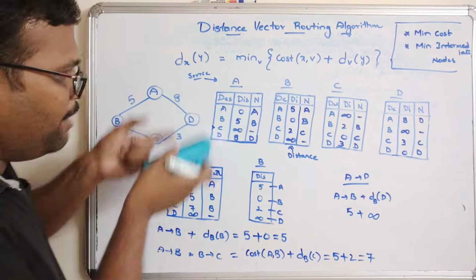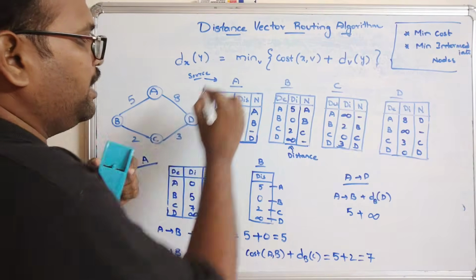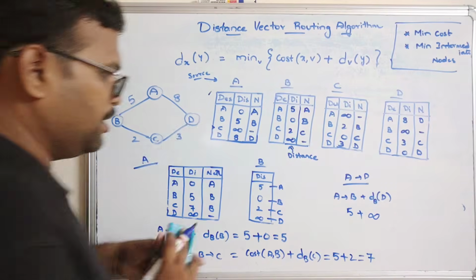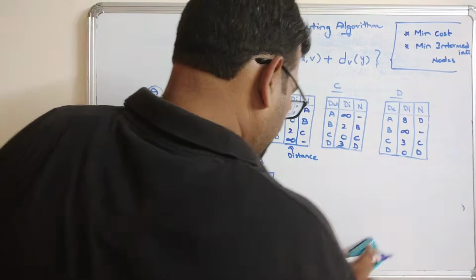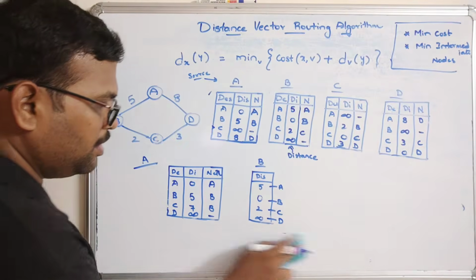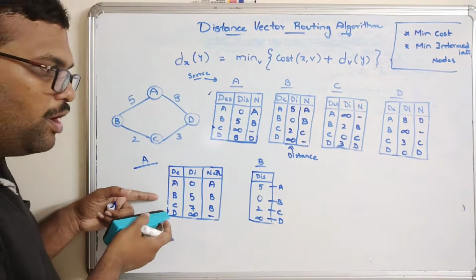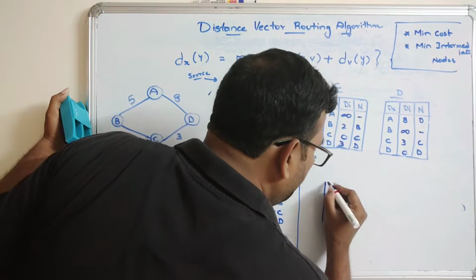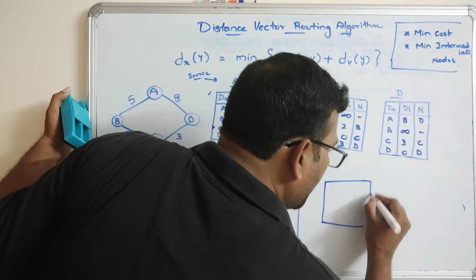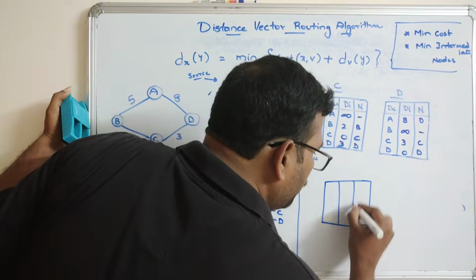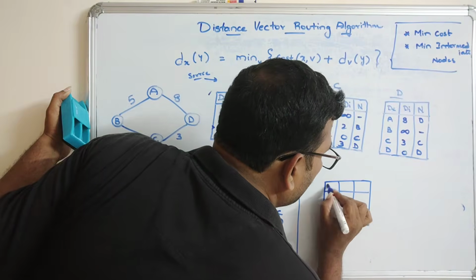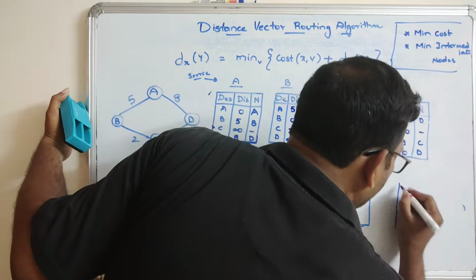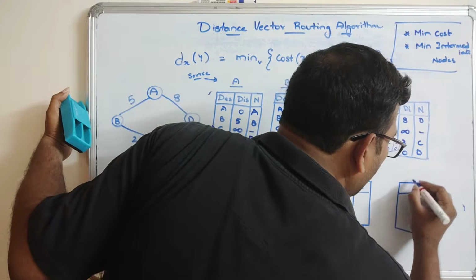Now again the same routing table will be shared among the next neighboring router D. Now the same routing table should be updated by sharing the information with the next neighboring router D. Same procedure will be applied for D also.